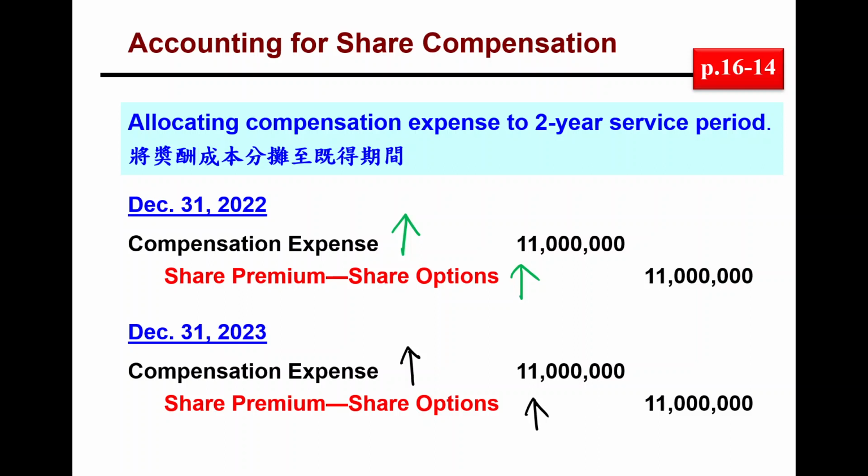Okay, so this is how we allocate the share compensation into vesting periods. Any questions? If you don't have any questions, then we take a break.